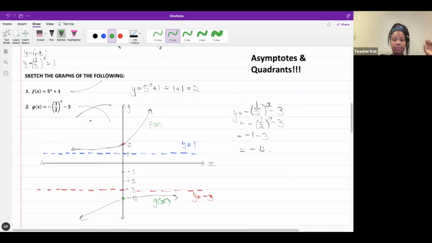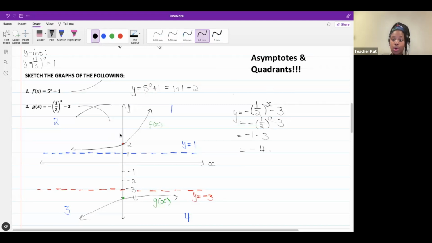Okay. Now, we already spoke about asymptotes, right? That move when Q moves. But let's talk about the quadrants. Okay, let me number the quadrants quickly. 1, 2, 3, and 4. Okay, now quadrants 1 and 2 are for when A is greater than 0.